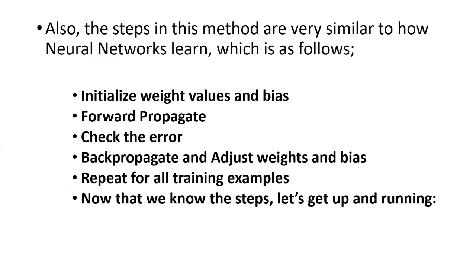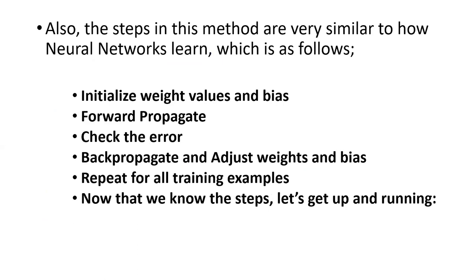Also you have to remember these steps in a single layer perceptron, or McCulloch-Pitts neuron. Initialize weights, values and bias, then forward propagate. Initially you have to initialize all the weights randomly, and bias we can normally take as 1. Forward propagate all the values towards the output layer and check the error.